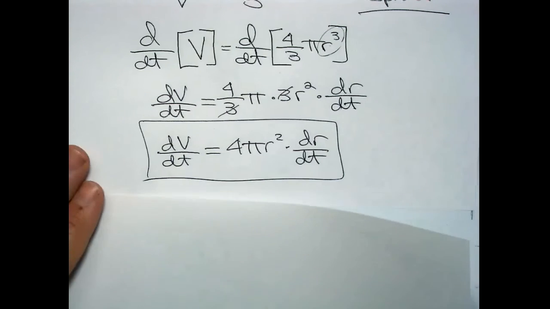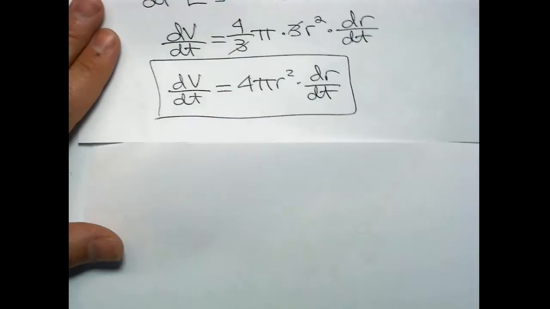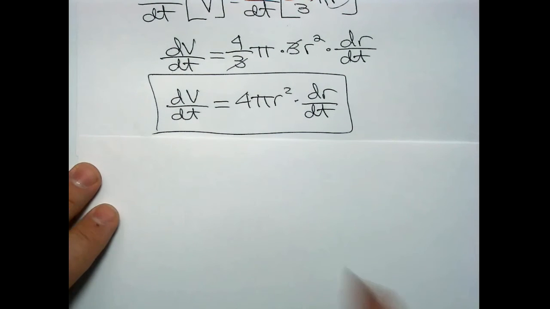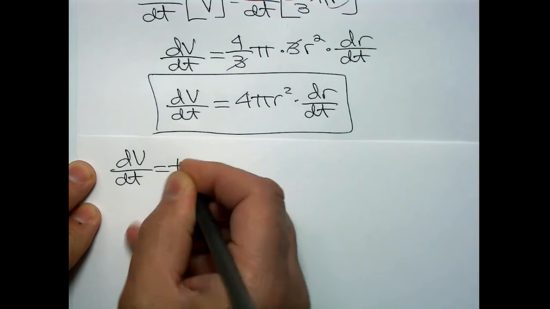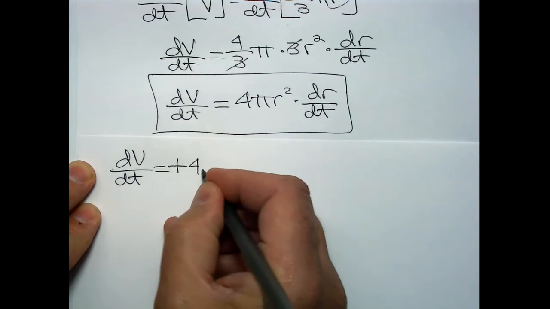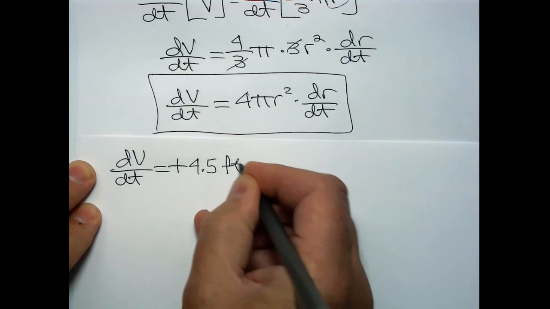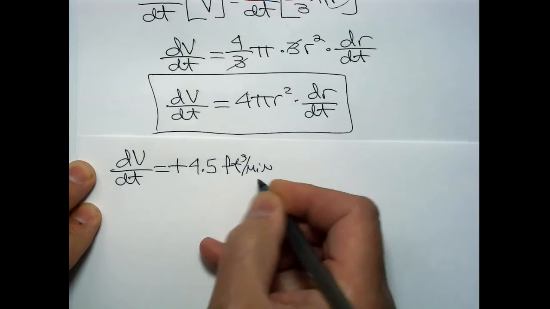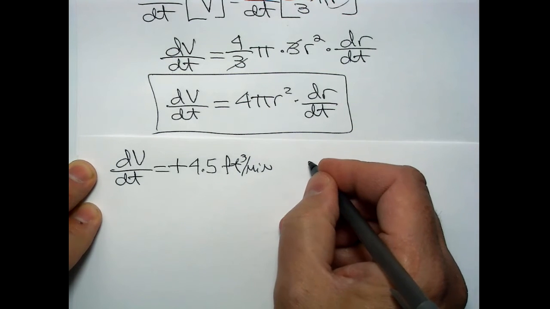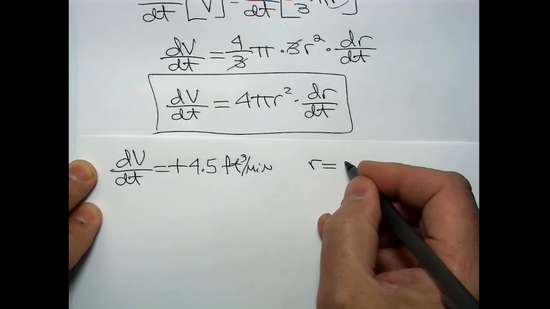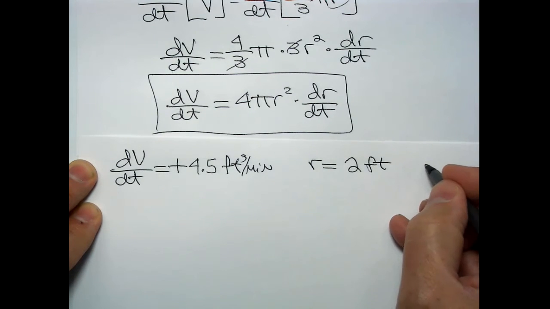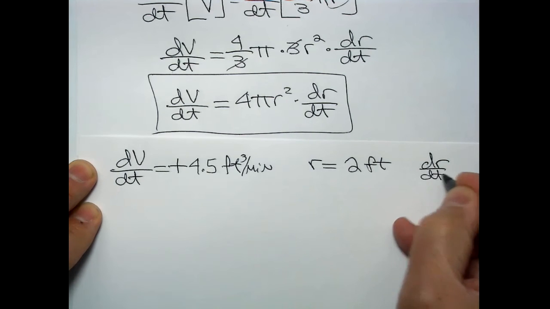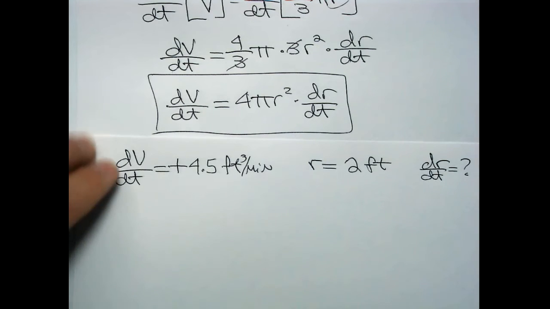Now, this problem told us up front that the amount of air going into the balloon throughout the entire problem, dv/dt, is positive. The air is going in, and it's 4.5 cubic feet per minute. We also want to know what happens when r is only 2 feet. And the thing we want is dr/dt. So that's our prize.